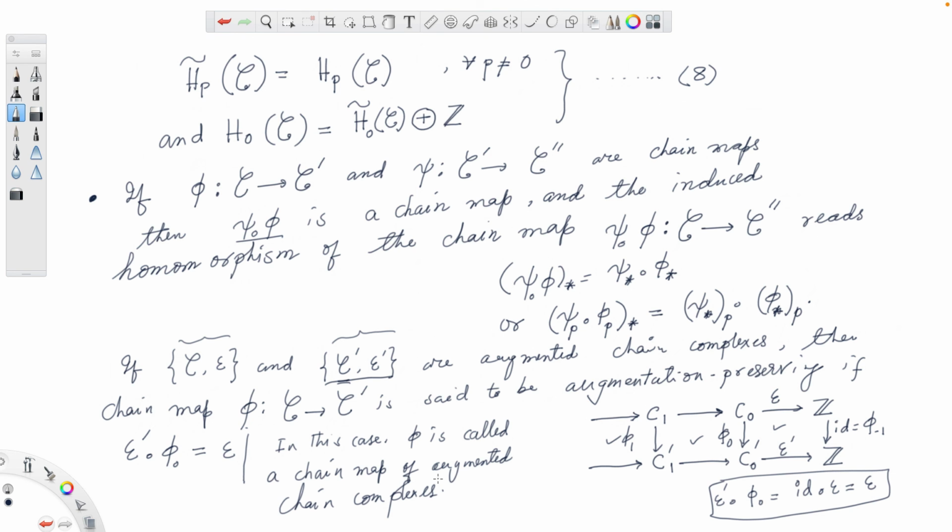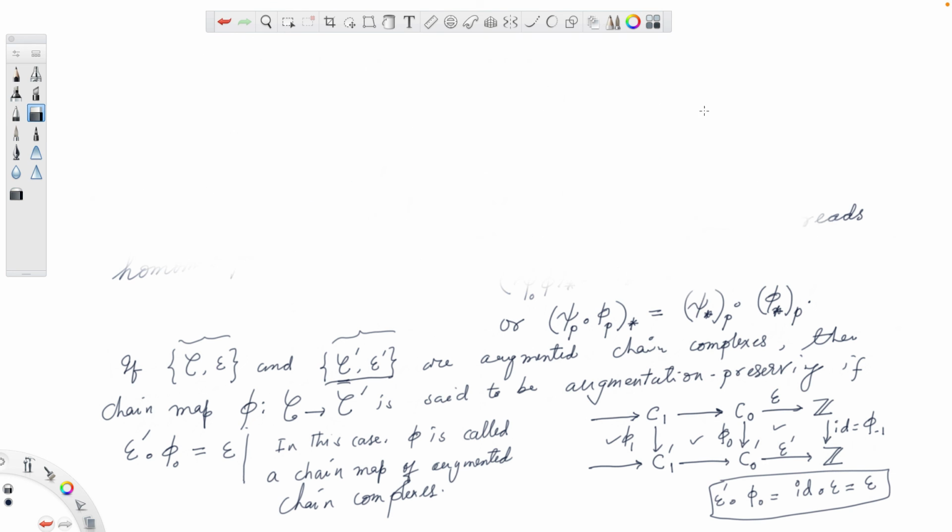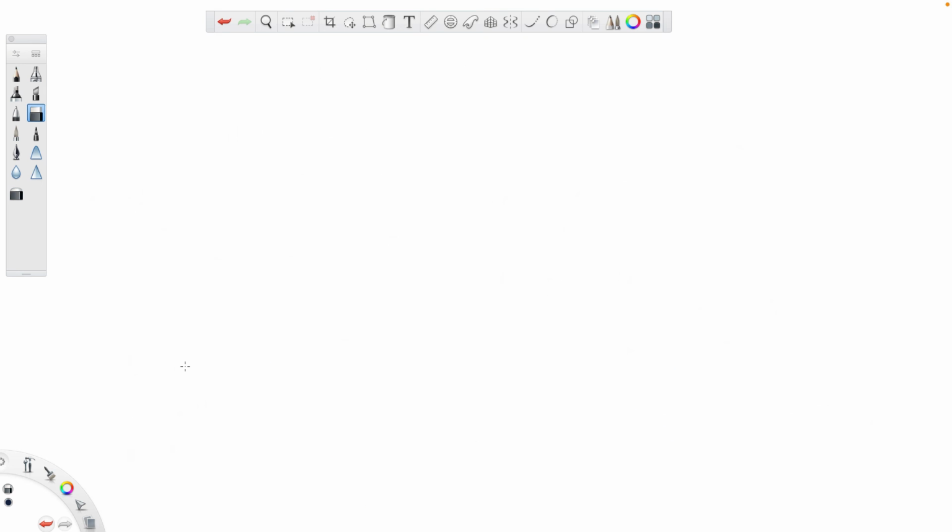Okay. Now it follows that whenever we have a chain map between augmented chain complexes, this chain map preserves the augmentation, right?